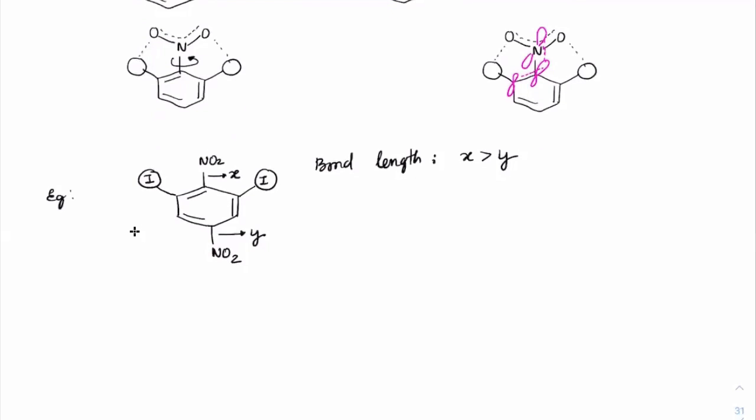Here, let me write down: I groups will force NO2 to go out of the plane.